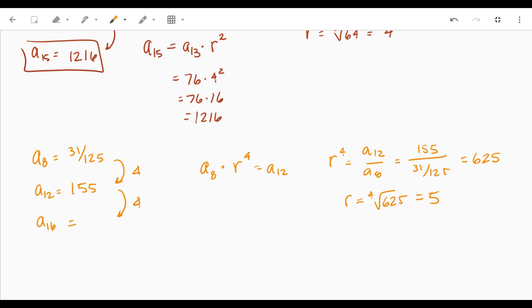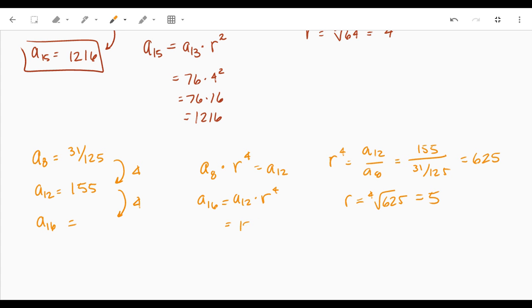All right. We can then do that the 16th term would be the 12th term times r to the 4th.